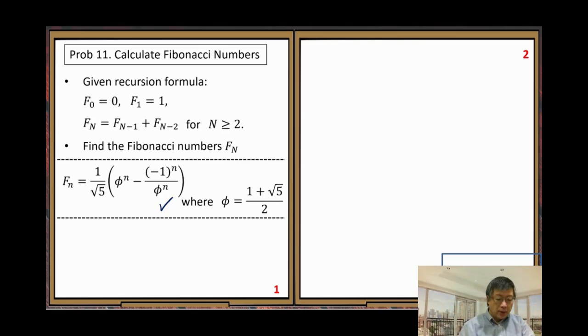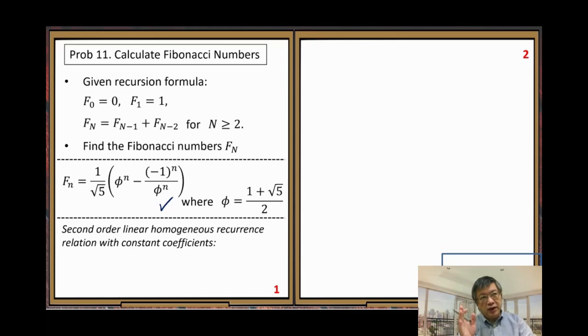All right. First, let us recognize the type of recurrence relation we have here. It has a long name. Second order linear homogeneous recurrence relation with constant coefficients.